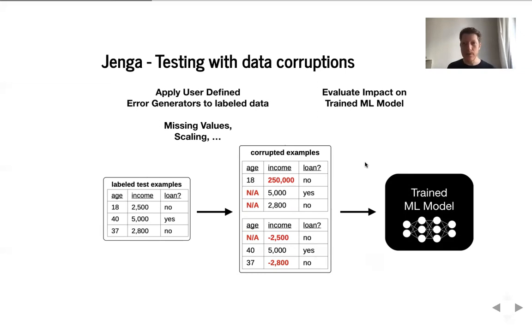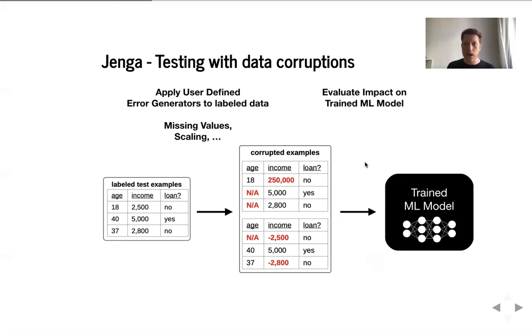In other application domains, like in computer vision, applying corruptions is also a standard procedure to regularize your model to make it invariant with respect to certain errors. For instance, people rotate and crop their images to make their models invariant with respect to those transformations.